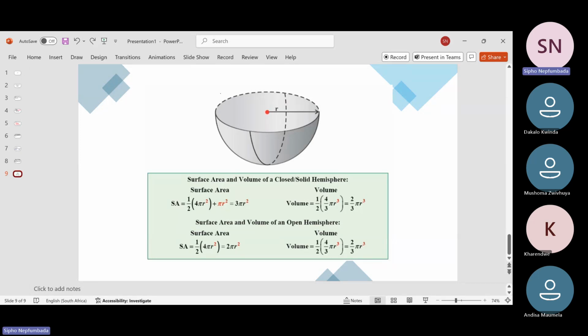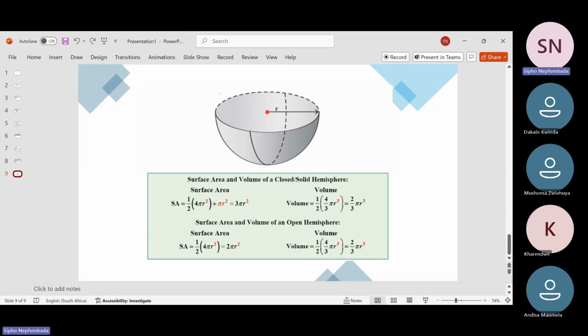When you are done copying those formulas, you will let me know so that we can go to the surface area and the volume of a pyramid. Remember, in grade 10, you will be expected to calculate the volume and the surface area of two types of pyramid. The first one is a triangular pyramid. The second one is a rectangular pyramid.